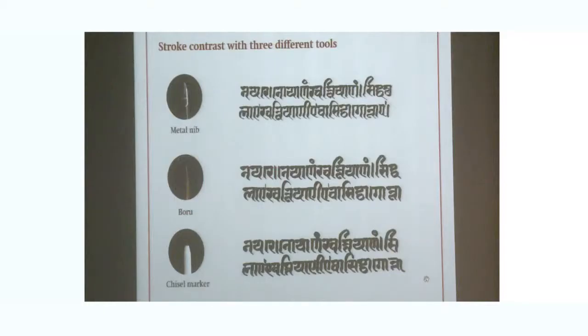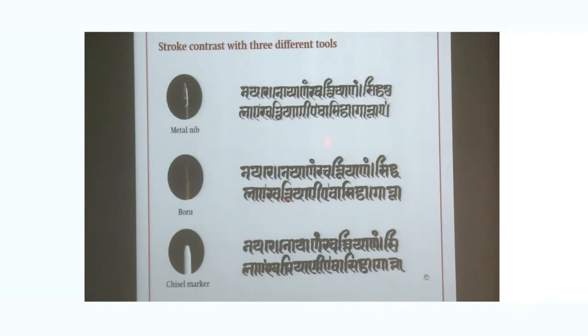So, the stroke contrast with the 3 different tools. Here, the metal tool gives an extreme, high contrast, whereas the Boru gives a sort of medium contrast in thick and thin.